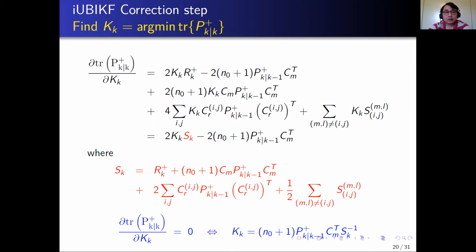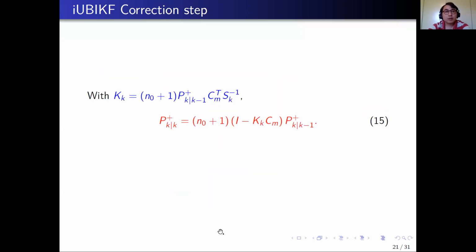Basically, it is the solution of the equation, the derivative of the trace of P plus KK with respect to K equal to 0. And with this choice of gain matrix, the error covariance upper bound has the simplest form expressed as here.